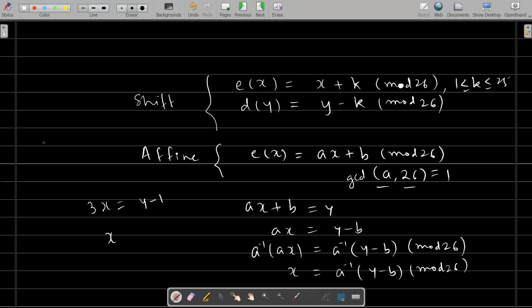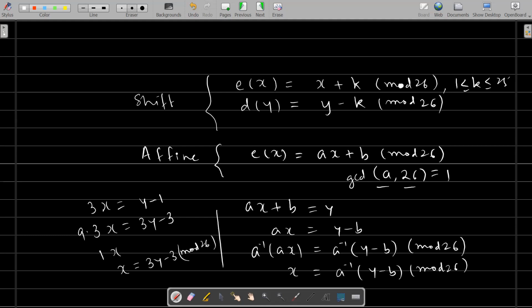Like in the case of real numbers, I have 1 by 3, which when multiplied with 3 is 1. In the case of modulo 26, I have to multiply by some suitable number which will give me 1. For example, if I multiply by 9, 9 3s are 27, and 27 is the same as 1 modulo 26. So I get 1x, that is x. This is modulo 26, and that 9 I am calling the inverse of 3. So I don't have fractions in the real sense, but I have an inverse.